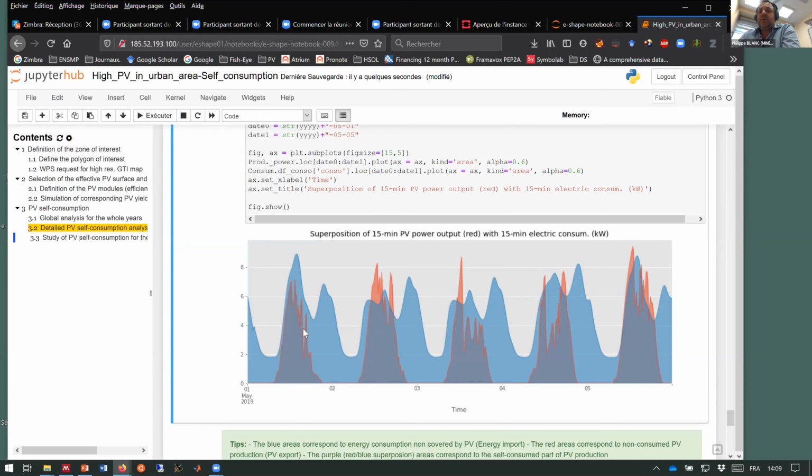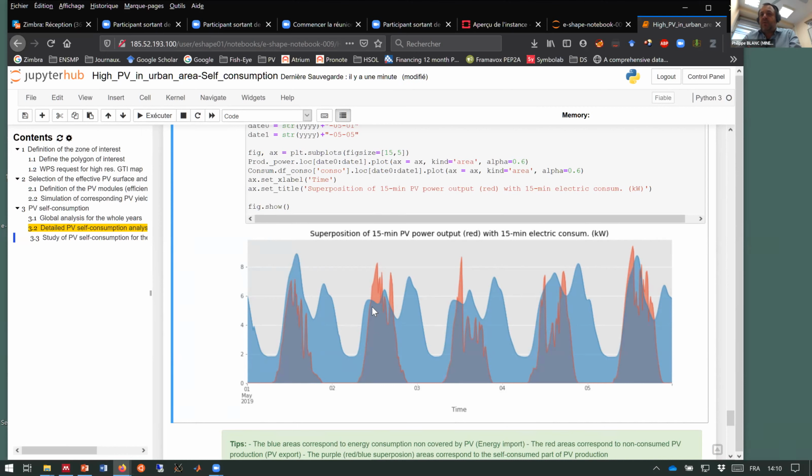Of course, when the PV production is below the energy consumption, then I can say that I have consumed all my PV production. And I have to import an amount of energy from the network to provide my requested energy.